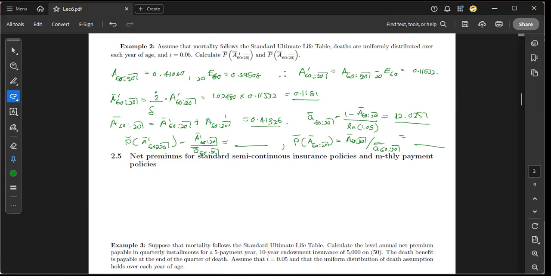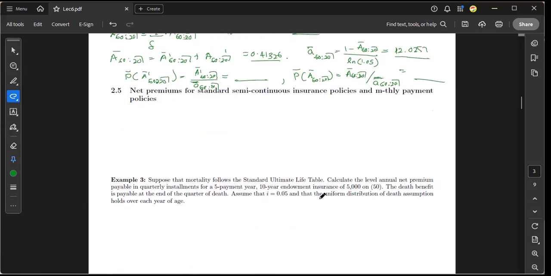Up to now, we considered the annual cases, whether either fully discrete or fully continuous. Now, in the semi-continuous case, the benefit can be continuous and the annuity can be discrete, which means you pay the premium monthly, annually or quarterly, and you get a death benefit at the moment of death. So that's the case.